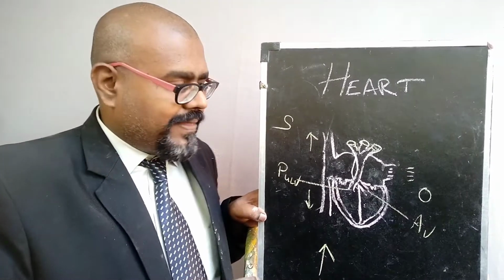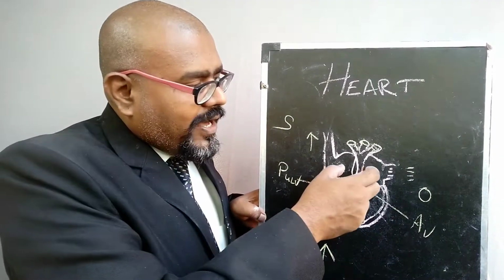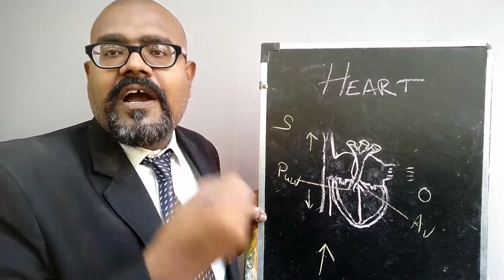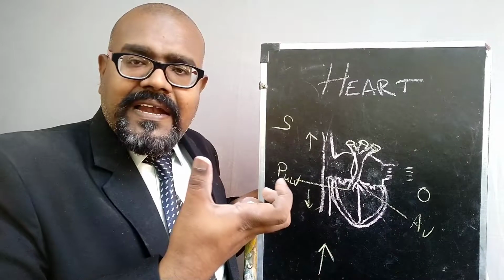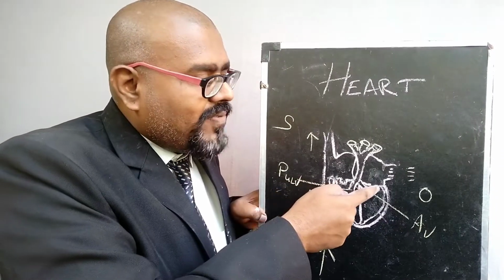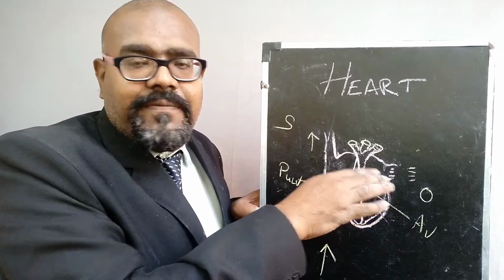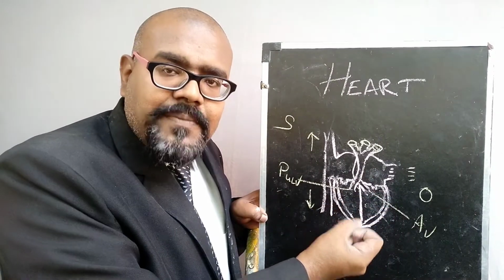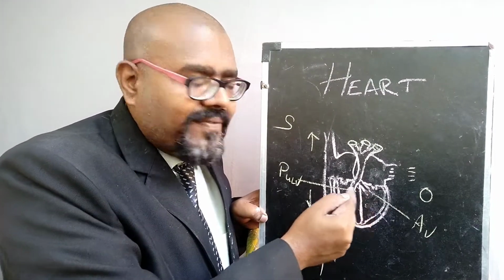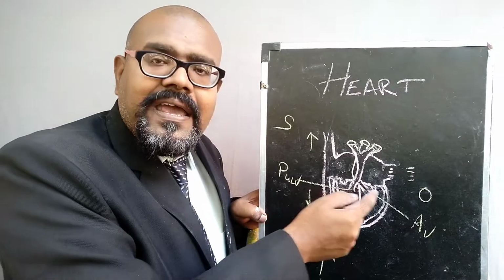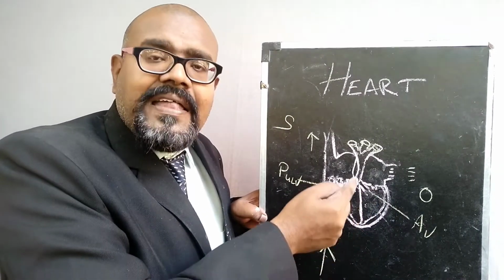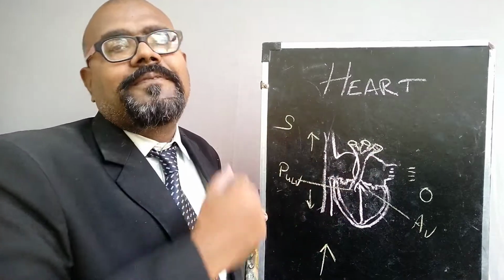Okay, please remember. Then now come to the contraction. So now the auricles are getting relaxed. Then it is time for the ventricle to contract. Once the ventricle contracts, please remember your tricuspid valve and bicuspid valve will be closed. Then, as the ventricle contracts, because of the pressure created, the valve present at the bottom of the vessels, that is in the pulmonary artery and the aorta, will open.